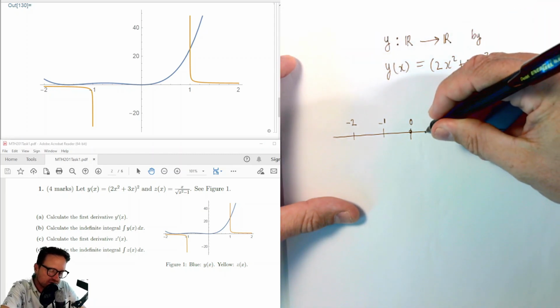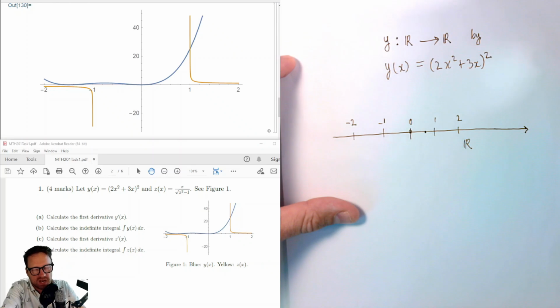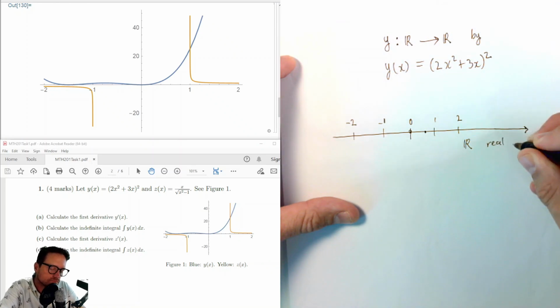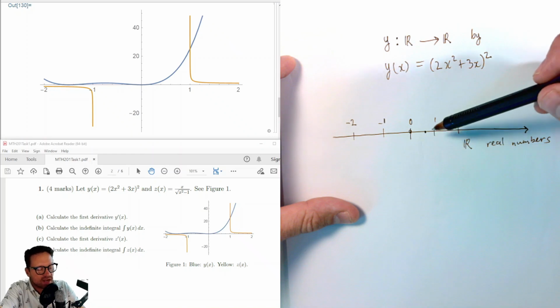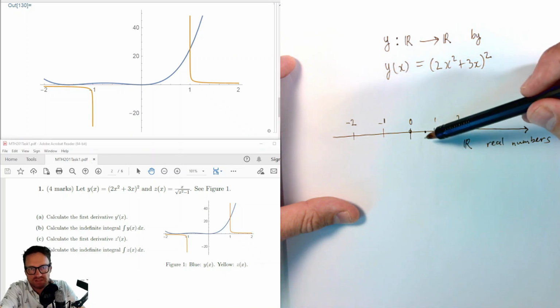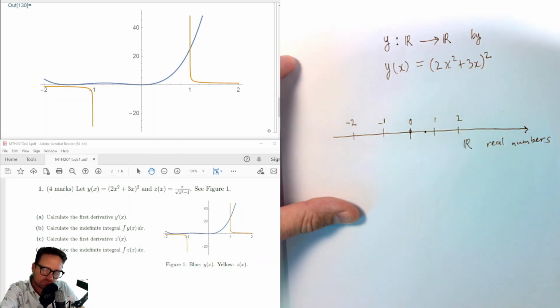So there's a real number here. Now that might be a fraction or a rational number. But between any two rational numbers, there's a real number as well. Rational numbers are the set of all fractions, where the numerator and denominator are integers and the denominator is non-zero.